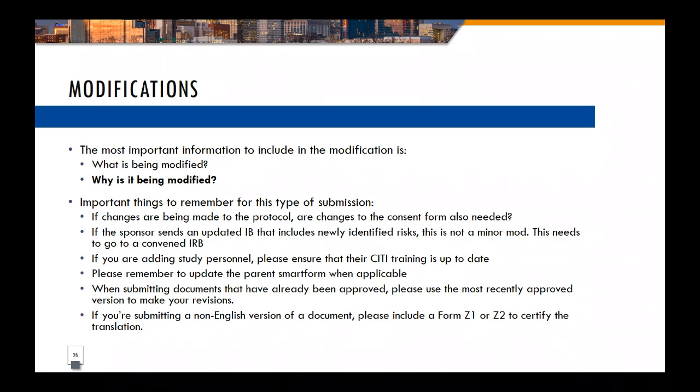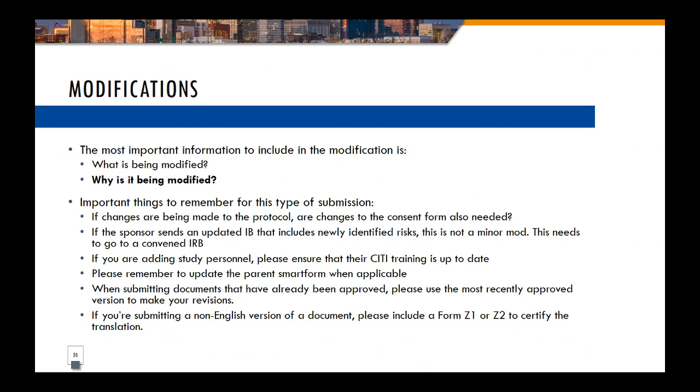So important things to remember for this type of submission: if changes are being made to the protocol, are changes needed to the consent document? If the sponsor sent an updated investigator's brochure that has newly identified risk, these are not considered minor modifications. This needs to go to a convened IRB. If you're adding study personnel, please make sure that their CITI training is up to date.